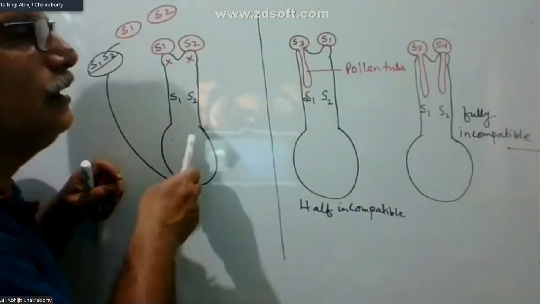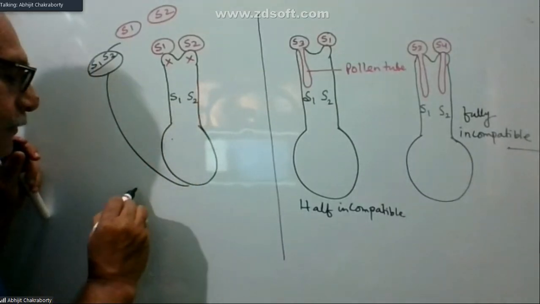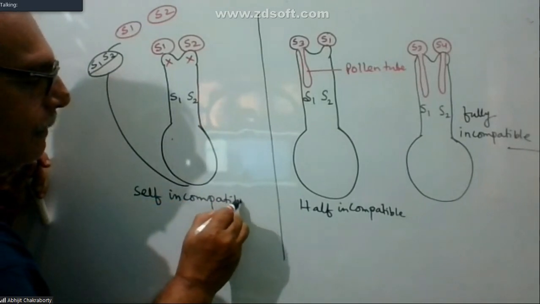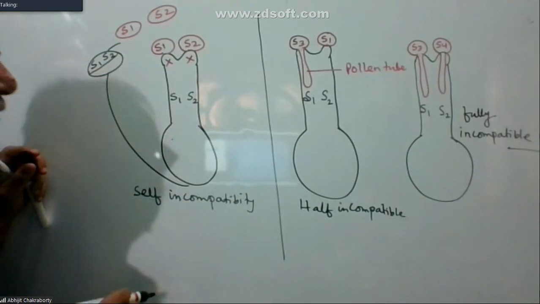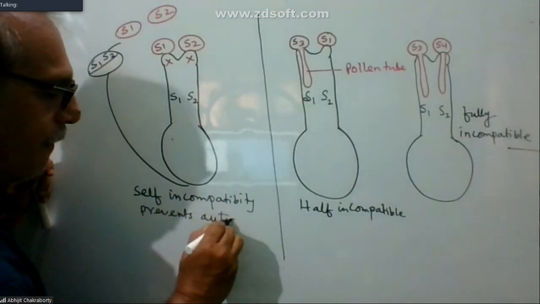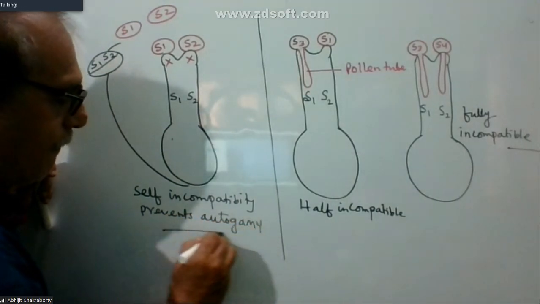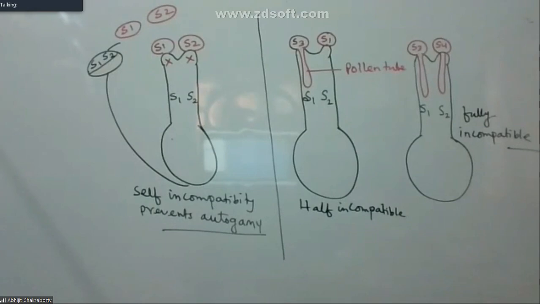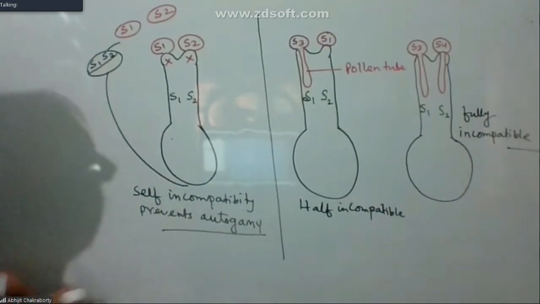So here you see, in this way self-incompatibility prevents autogamy and geitonogamy.